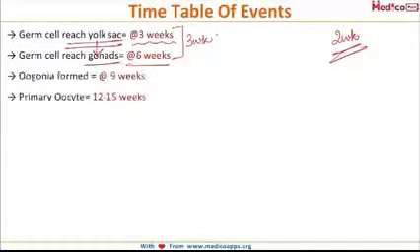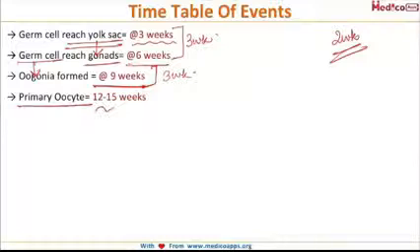These germ cells undergo rapid mitotic division, and these lead to the formation of oogonia. This happens at 9 weeks of gestation. Again, 3 weeks. A few of these oogonia enter the prophase of the first meiotic division, and they are called primary oocytes. This happens at 12 to 15 weeks of gestation, again a gap of 3 weeks.